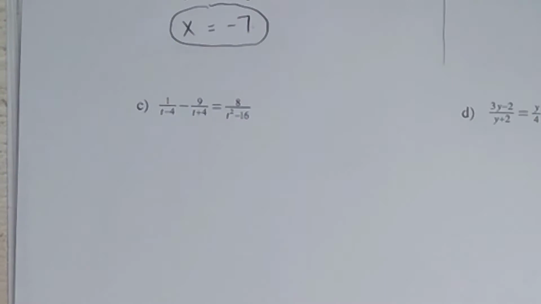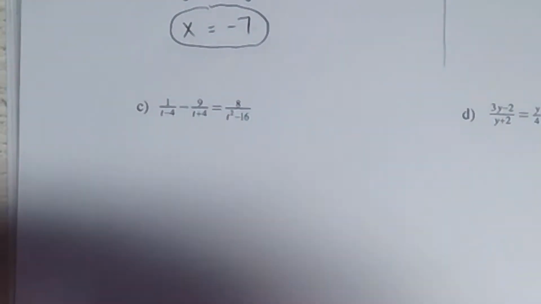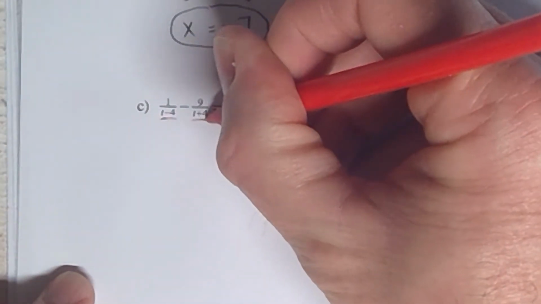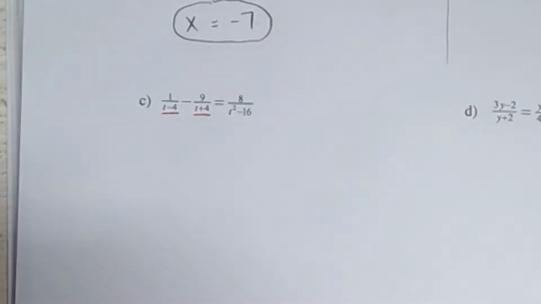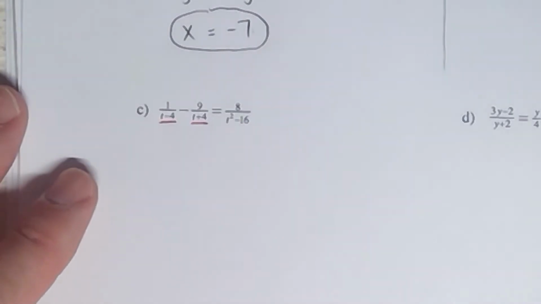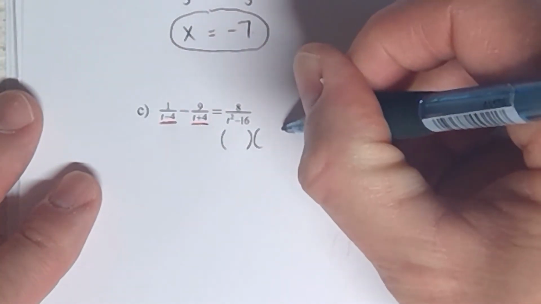Now, t minus 4 and t plus 4 are already prime. The GCF is 1. It's got two terms with t to the first power, which means that it's not going to factor, as we've talked about before. How about t squared minus 16, though? T squared minus 16, that does factor, right?